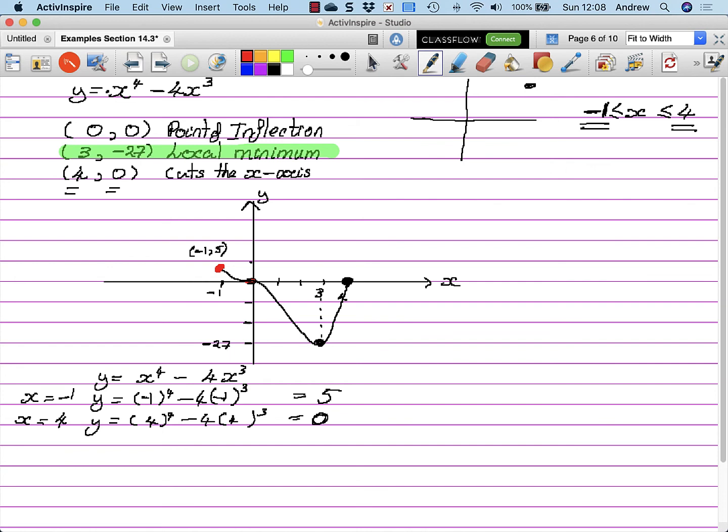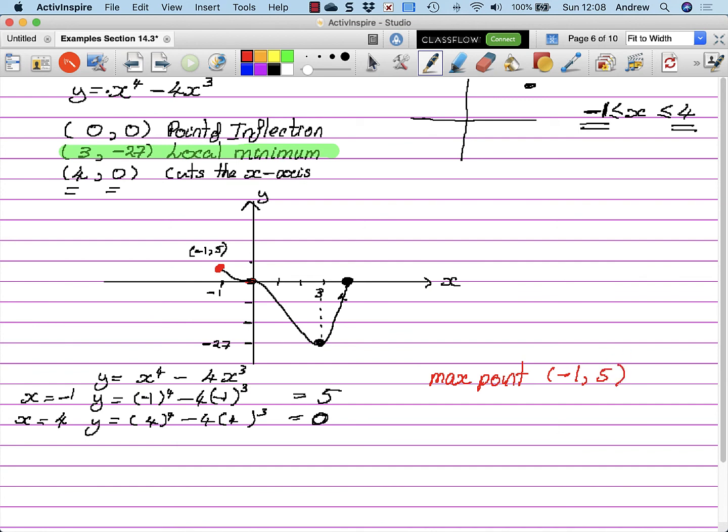Now the maximum point, let's finish it off here. This is for the very last part. So the maximum point on this graph is in actual fact (-1, 5).